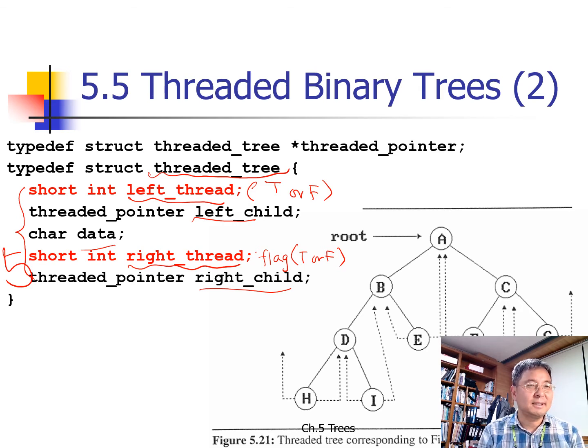Okay, so this is an example. Here A is the root node, and B and C are the left child and right child, and so on.